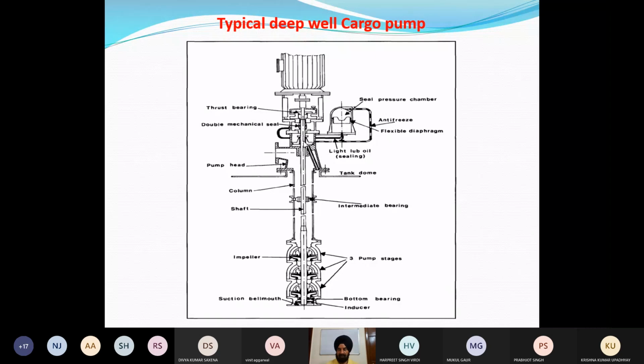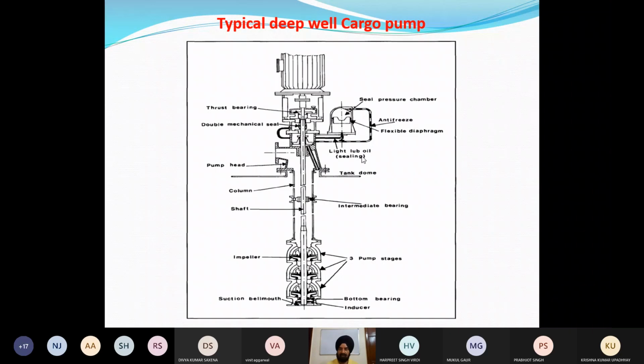And you have the motor on deck. The motor is outside. It can be electrically driven or hydraulically. Normally they are hydraulic. A big hydraulic power pack is there, which runs these pumps. So individual tanks, individual pumps, like chemical carriers.